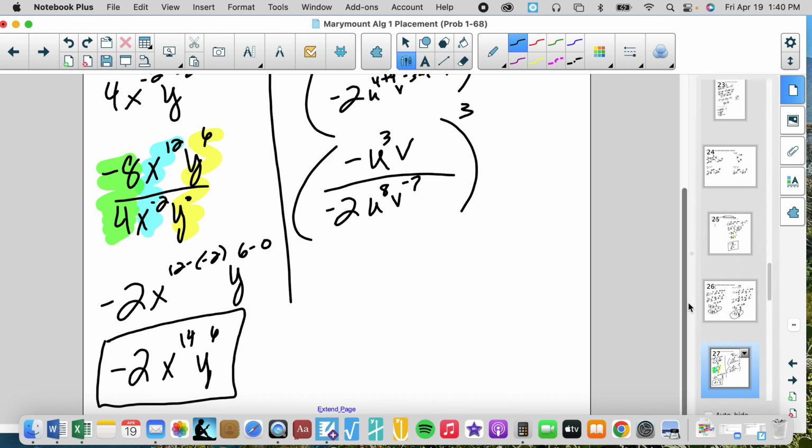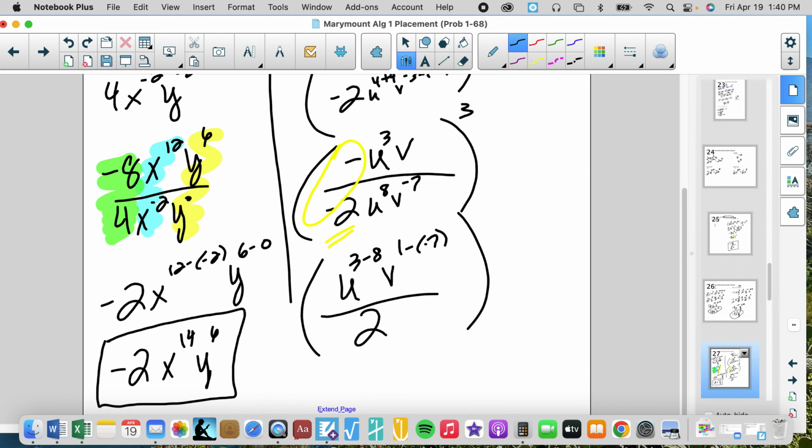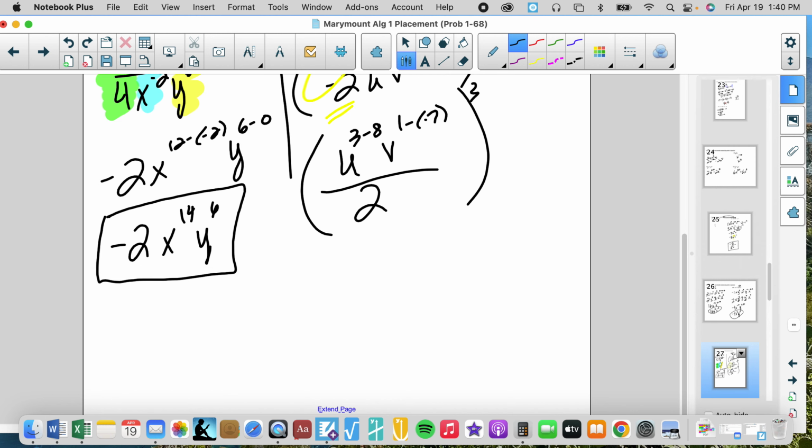Keep that separated. I'm going to do coefficients, negative over a negative, and we're going to do u to the 3 minus 8, because we're dividing, v to the 1 minus negative 7, all over 2. The 2 negatives cancel, but I'm going to keep that 2 in the denominator. And then that's all cubed. U to the negative 5, v to the 8th over 2 to the 3rd.